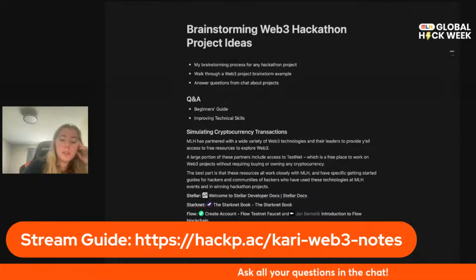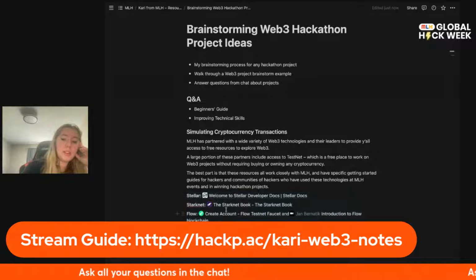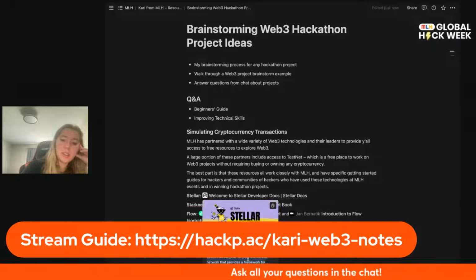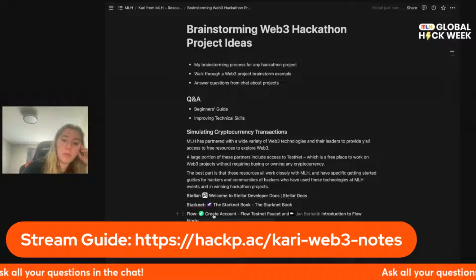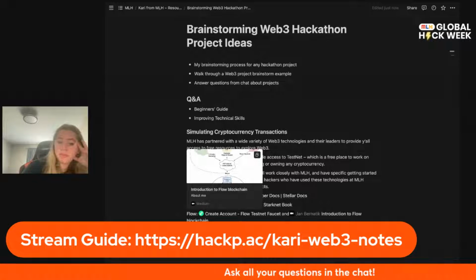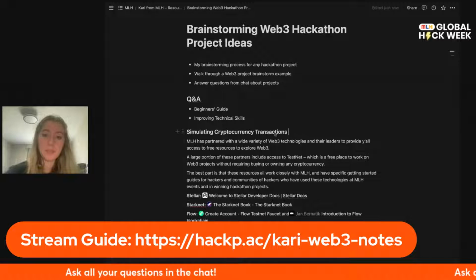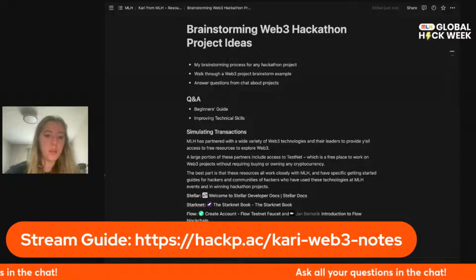If not these specific guides, then you can find very similar things in them. Like the Stellar developer docs has access to everything. Stellar is a blockchain. Starknet is also going to have more information. Flow will also have more information. So I think all of these should have everything that you need. Of course.